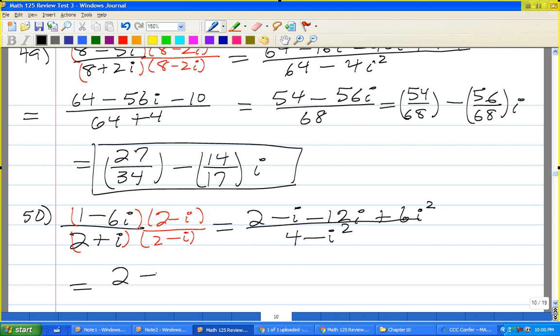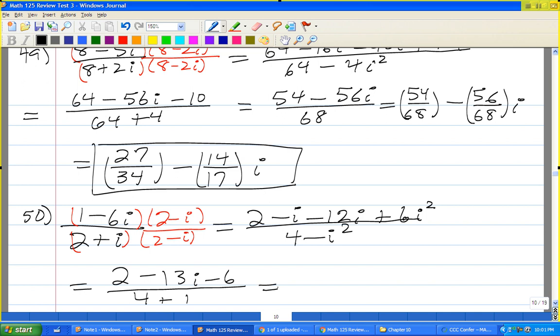Well, let's first combine like terms. Negative i minus 12i is a negative 13i. i squared is negative 1, so the plus 6i squared becomes a negative 6. And similarly, the negative i squared becomes a positive 1, since I have a negative 1 times the negative, gives me a positive.